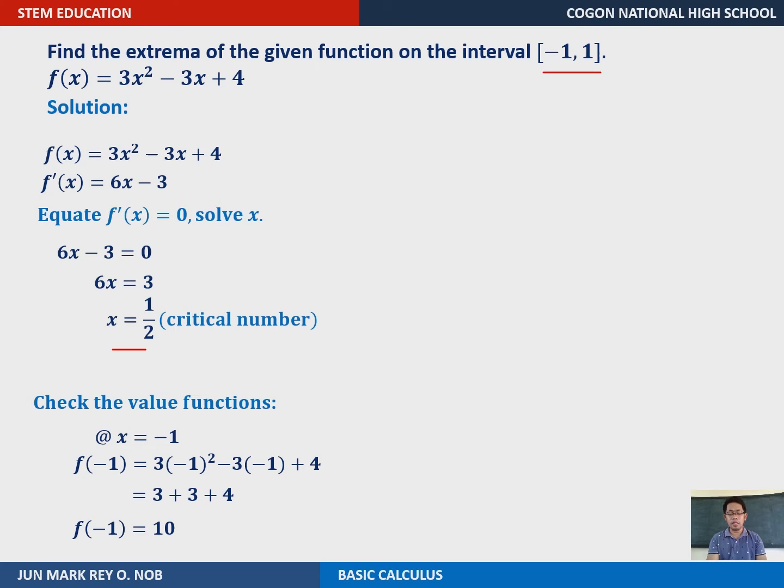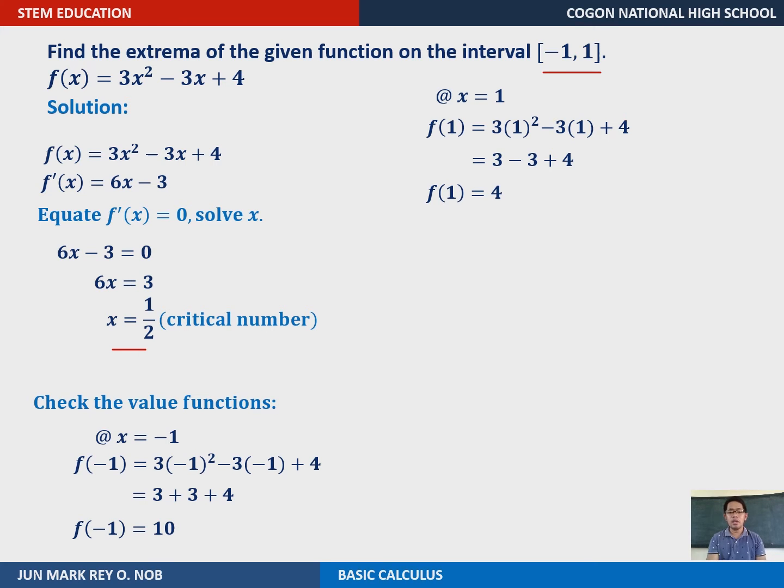What about the upper limit? At x = 1, we evaluate the function, simplify, and come up with f(1) = 4, meaning the value of the function at 1 is equal to 4. Now we are done with the endpoints.